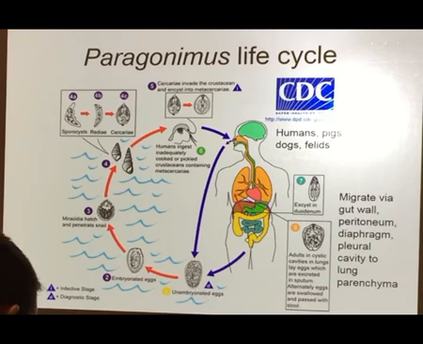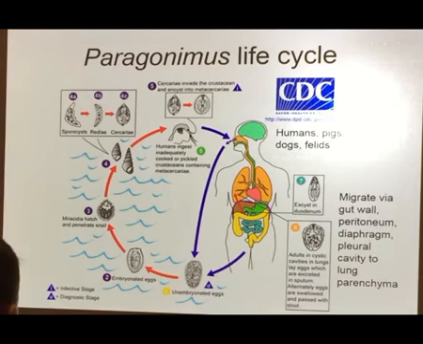And the flukes produce eggs that pass up the bronchial tree, swept along by the mucociliary escalator until they end up in the pharynx, and then they're either expectorated, spat out, or swallowed, in which case they pass through the digestive tract and leave the body in feces.